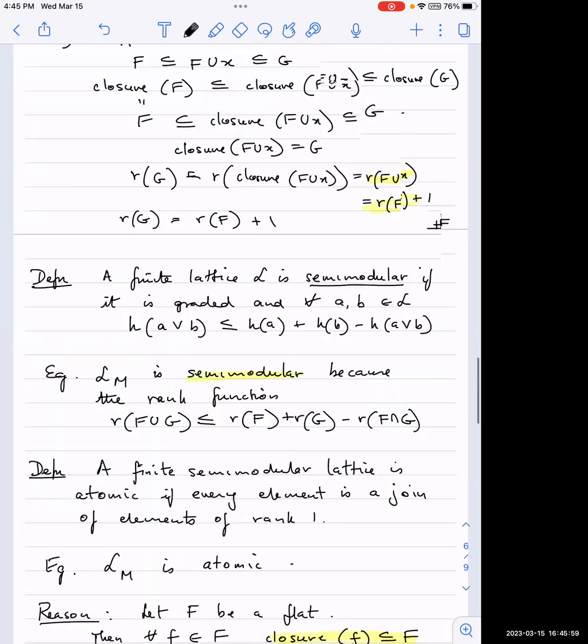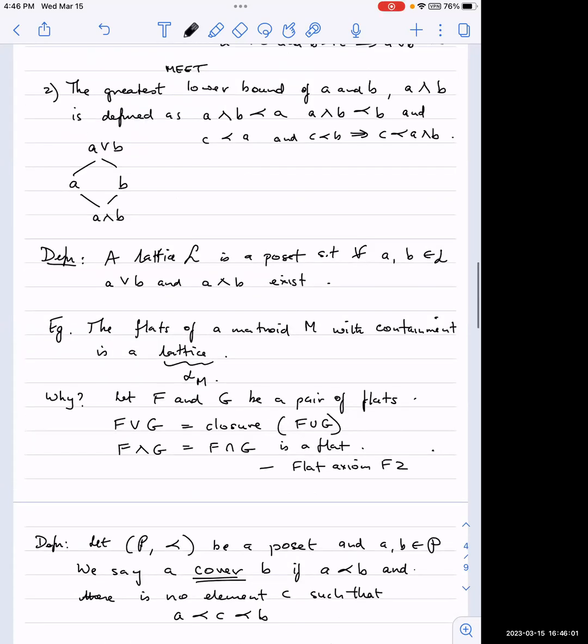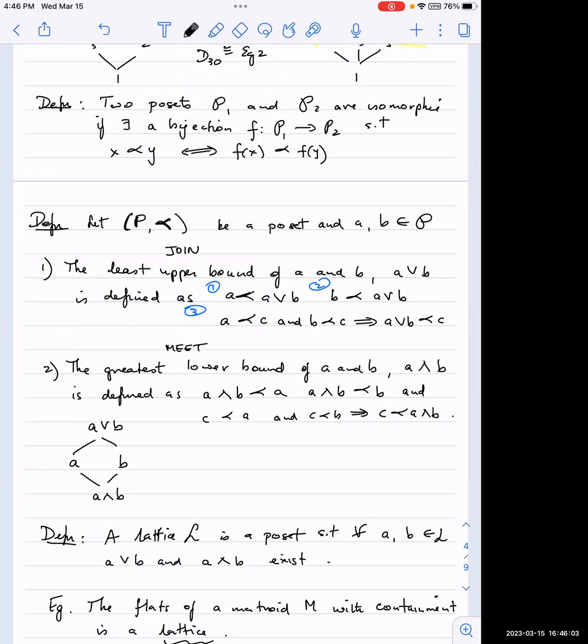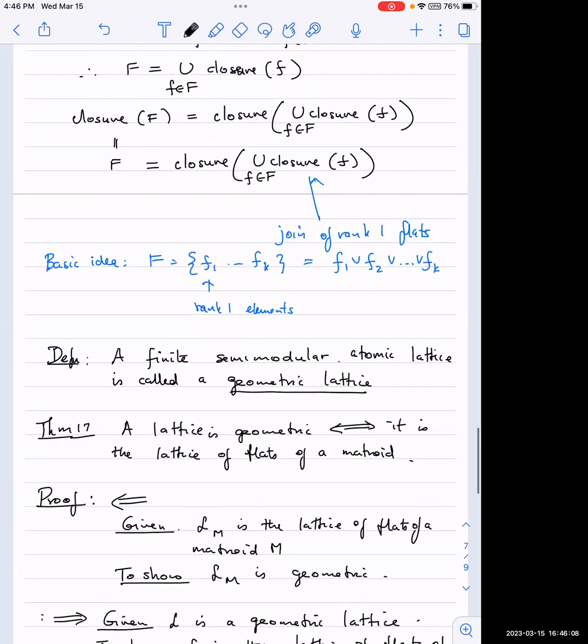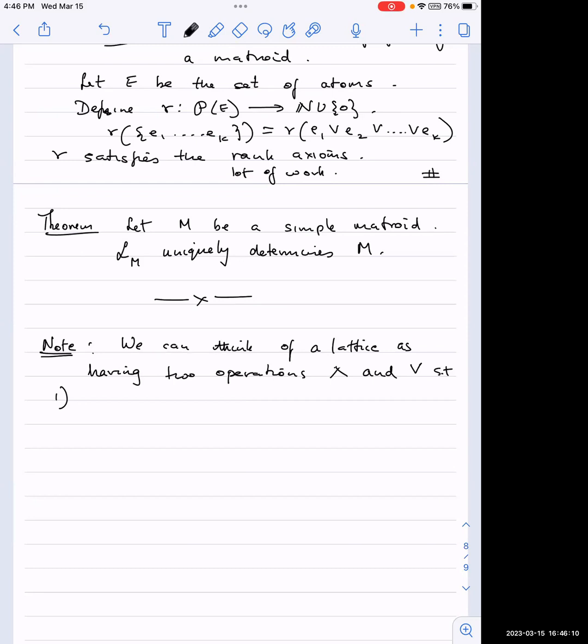So they were spelled out here for meet and join. I'm just going to write that down. So think of it as having two operations.